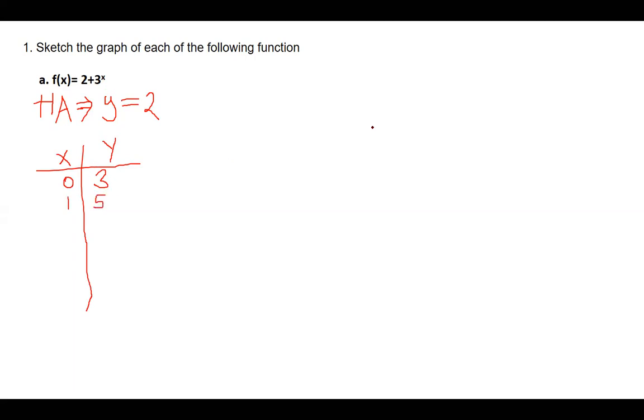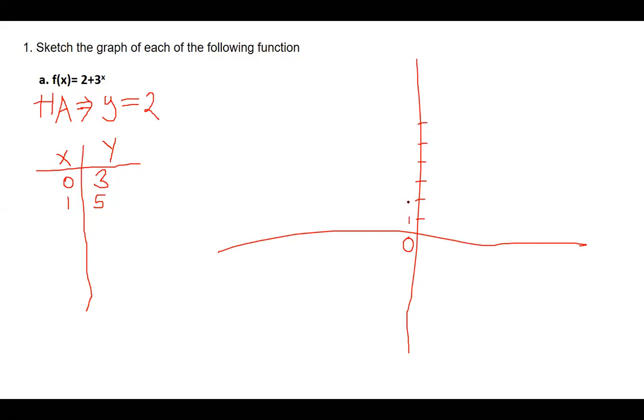So now from there, it's easier for us to sketch the graph, to sketch the curve. So we have 1, 2, 3, 4, 5, 6, and then we have 7.